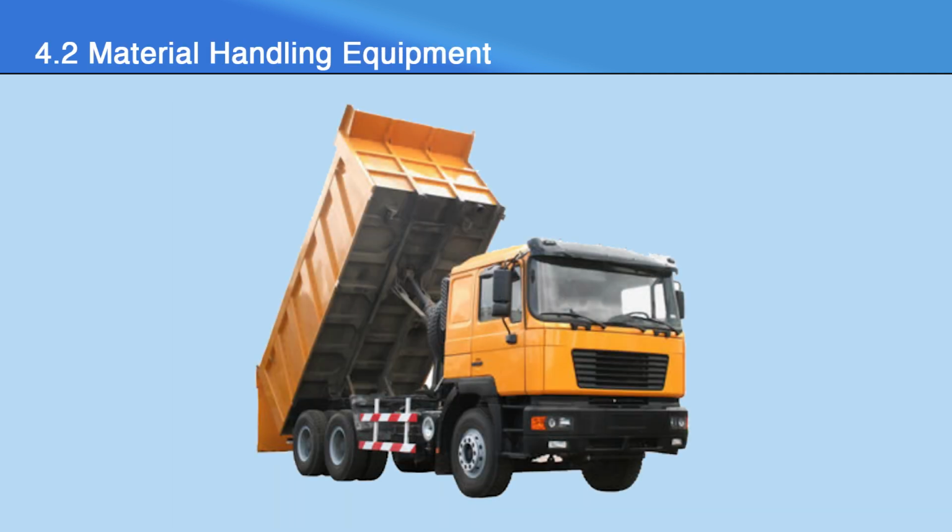Moving on to the material handling equipments, starting with the dumper. A dumper is usually an open four-wheeled vehicle with the load skip in front of the driver. The skip can tip to dump the load. It is where the name dumper actually comes from.